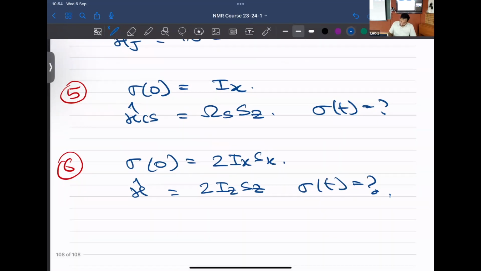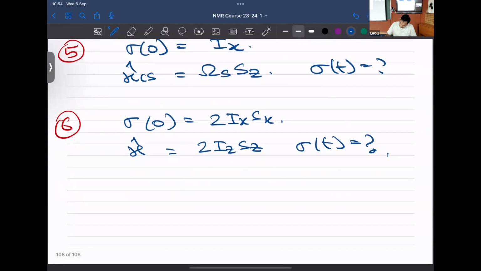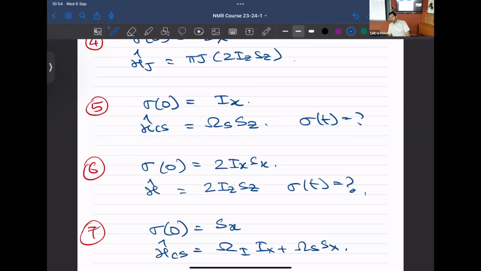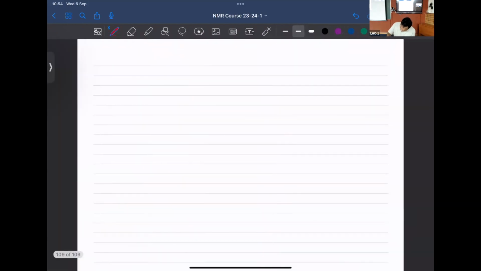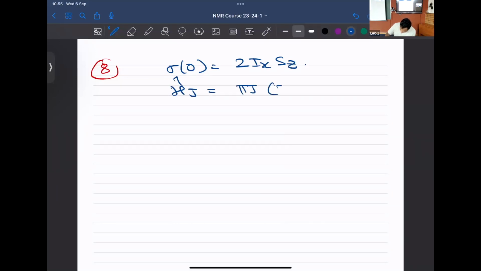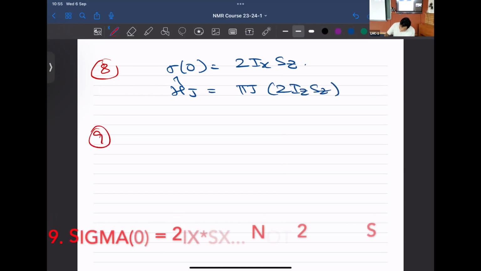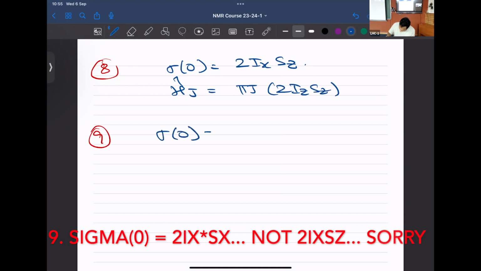Okay, I can add a little more to this. So all this, I request you guys to go back and do other permutations and combinations. Okay, as Jeet said, let me give one more. Let me give an antiphase single quantum, sigma of 0 as 2 Ix Sz and the scalar coupling Hamiltonian.